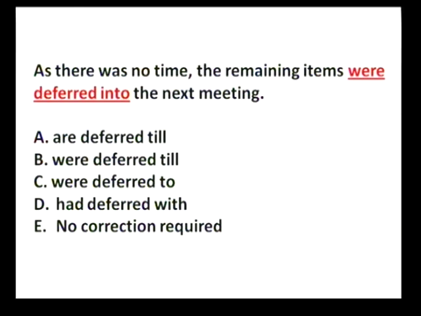Next, as there was no time, the remaining items were deferred into the next meeting. Options: the remaining items were deferred till, are deferred till, were deferred till, were deferred to, had deferred with.